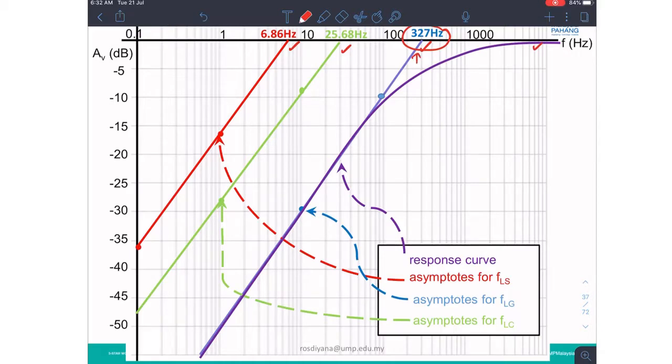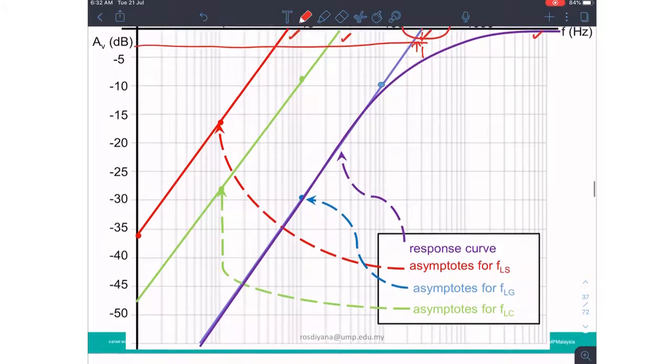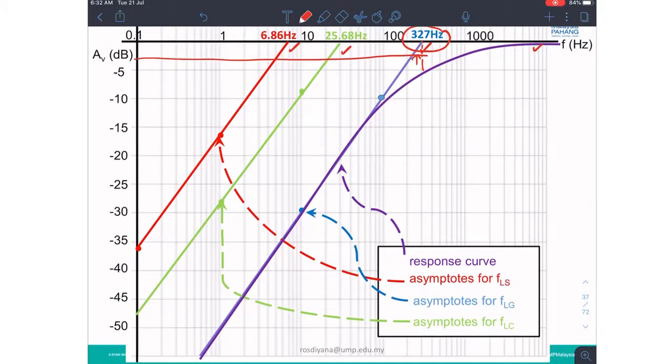And remember that the negative 3 dB is somewhere here, don't forget about this. So during this time, you get this curve. That's all for the low frequency response. If you can sketch the asymptote and the curve nicely, it's done.